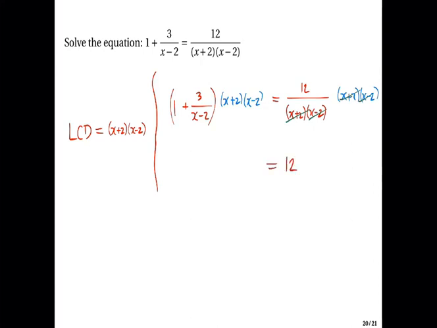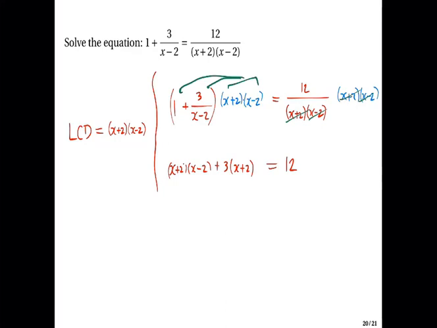On the left-hand side, we distribute this to this guy here and to this guy here. So for the first, you will have x plus 2 times x minus 2 plus 3. For this guy here, you have that 3, and the x minus 2 is cancelled. So you just multiply the 3 with the x plus 2.